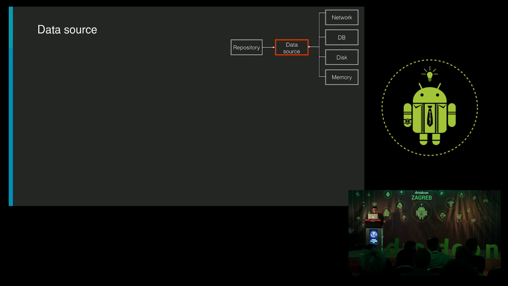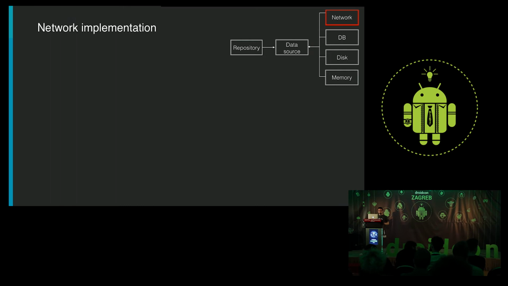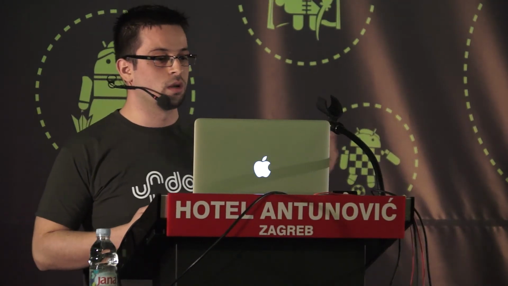Okay. Data source, as said on the previous slides, is an abstraction for a data source's implementation. It defines what the data source needs to provide. Let's take a look at an example of a network implementation, which implements the data source, and it has references to the Twitter API, because it's a network and we'll need to hit the API, and a response mapper, which knows how to map the responses returned by the API into a timeline.